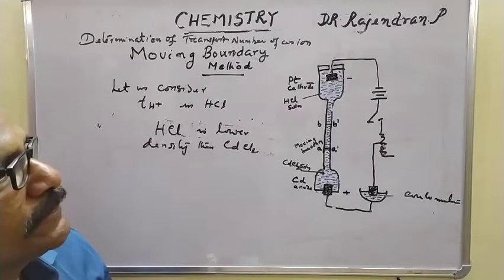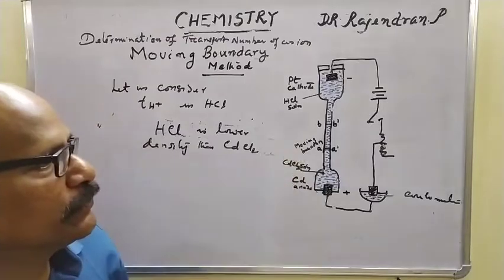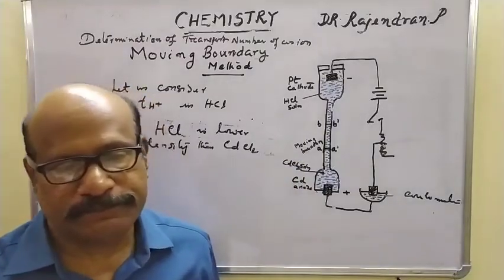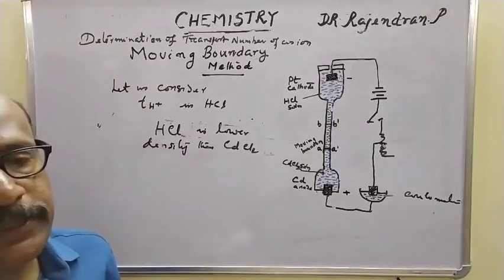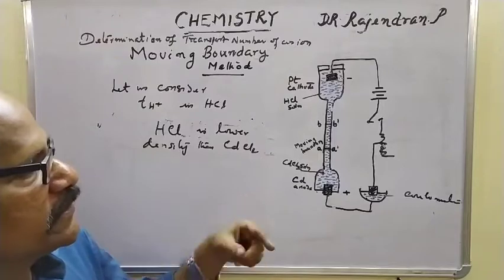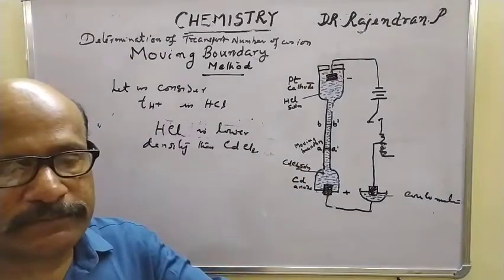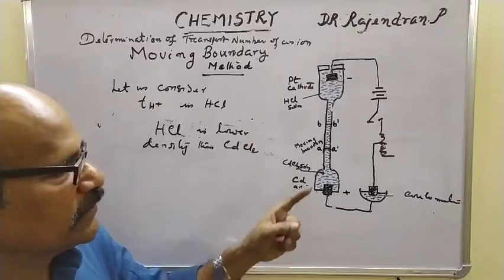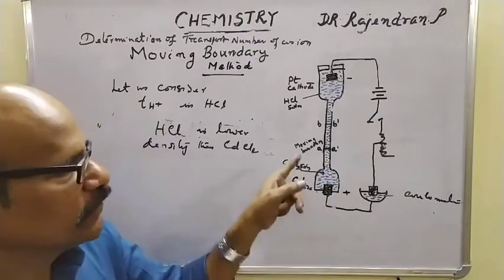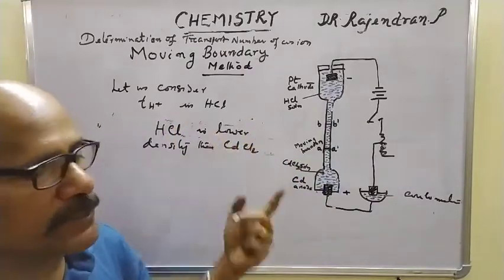Then a current is passed through the solution for an appreciable length of time, so that under the influence of the current, the Cl minus ions move towards the cadmium anode at the bottom, while the H plus ions move upwards towards the platinum cathode.